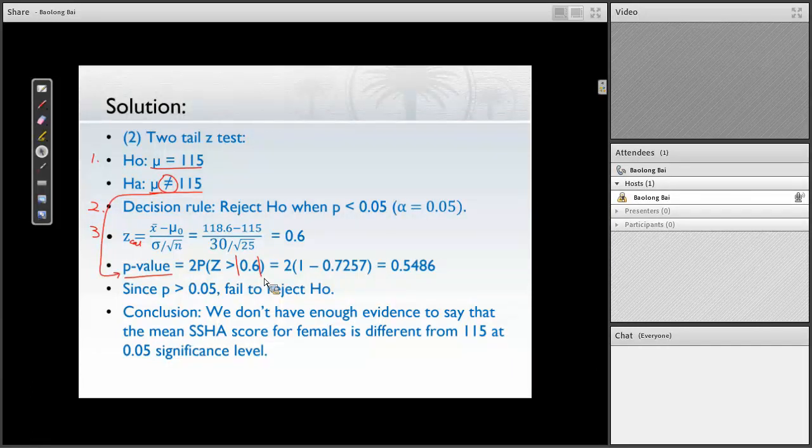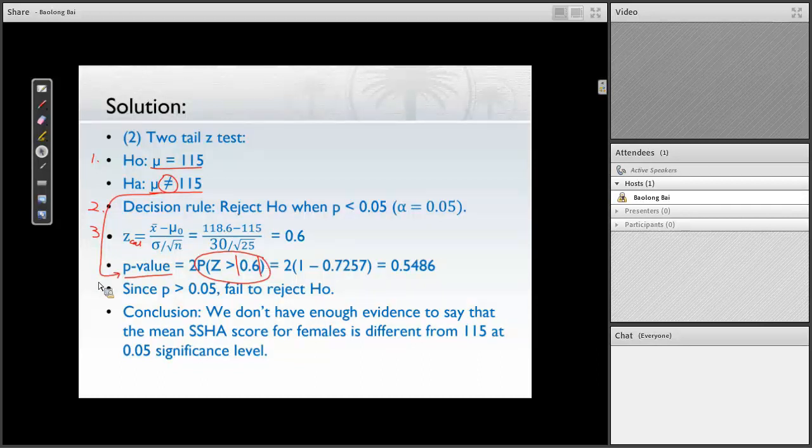So p-value is 2 times the probability of z greater than 0.6. Then here, you just need to find this probability from the z table. When you look it up, 1 minus 0.7257 because they have the greater than sign, right? And then outside, you multiply by 2. So you calculate it, 0.5486. And step 3 is done.